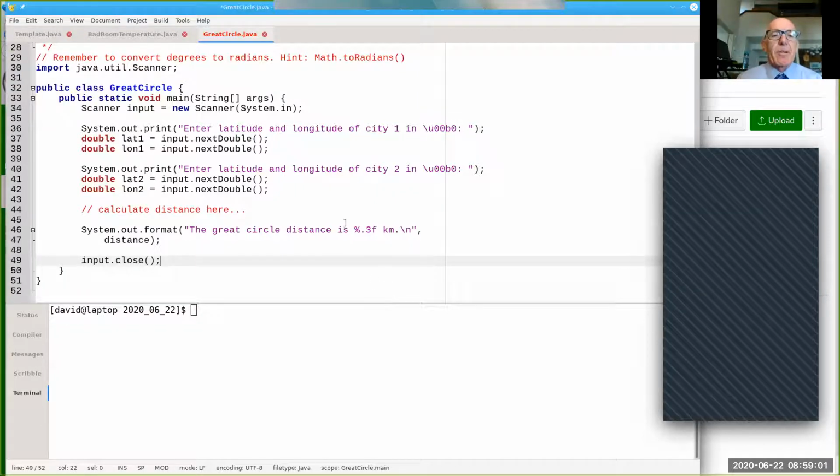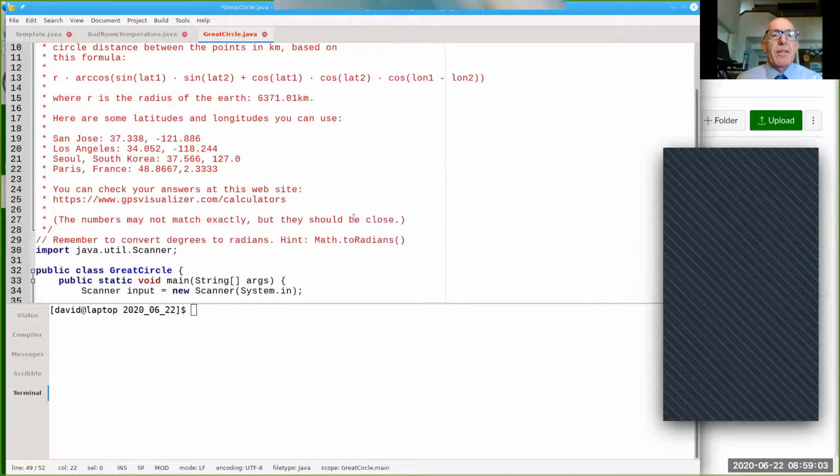Let me move up here a little bit so you can see the formula. Well, you can see the formula yourselves when you download the file.